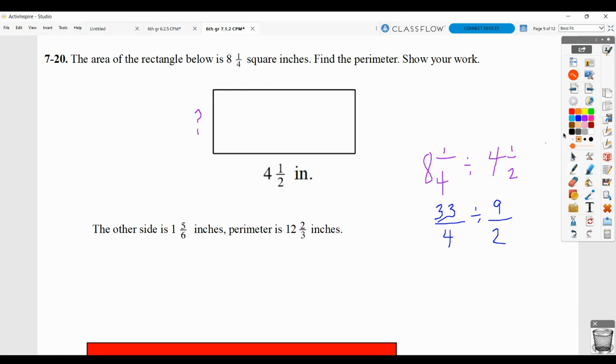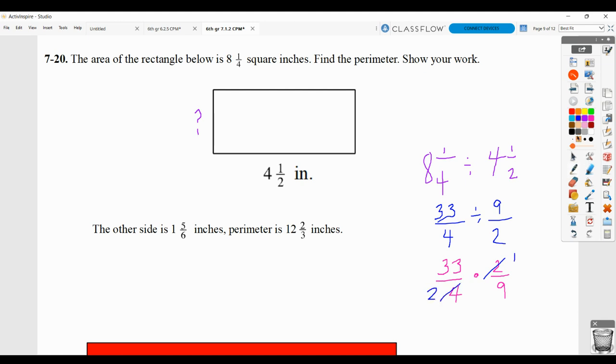So keep the 33 over 4. Change your division sign to a multiplication. Change or flip the second fraction to make it 2/9. Then you can simplify. The 2 in the numerator can divide by 2, and the 4 in the denominator can divide by 2.